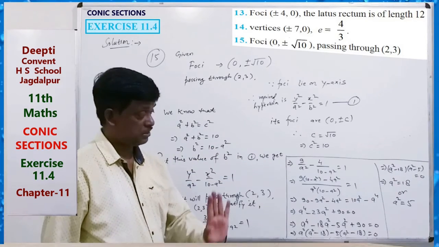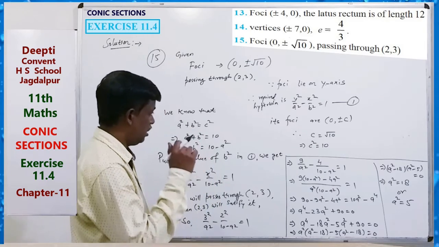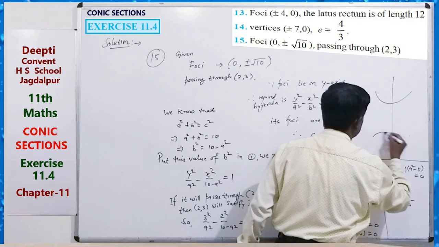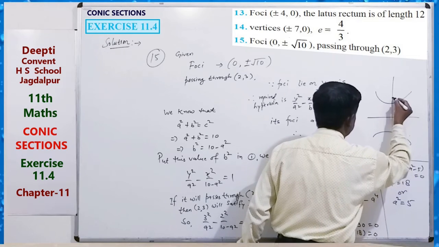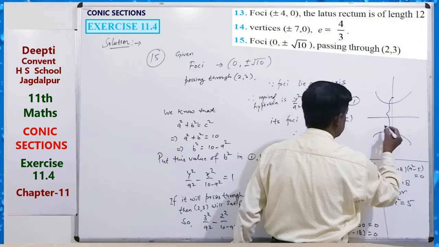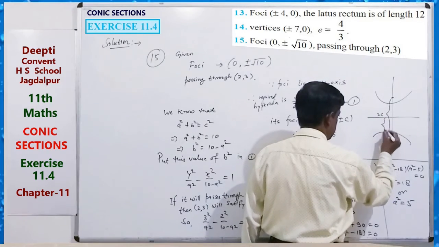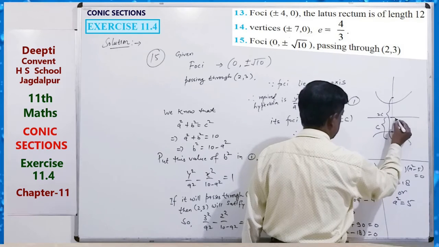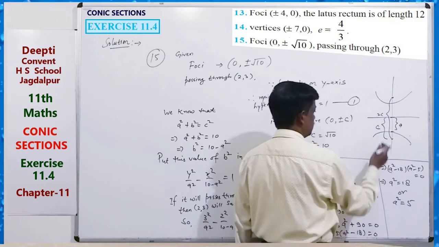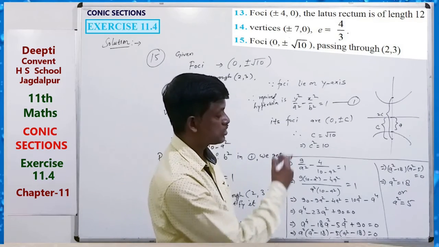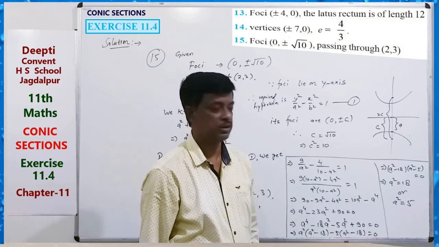Now since in the hyperbola, from here to here is 2c, and here to here is c, and here to here is a. So c is greater than a, c square is greater than a square.